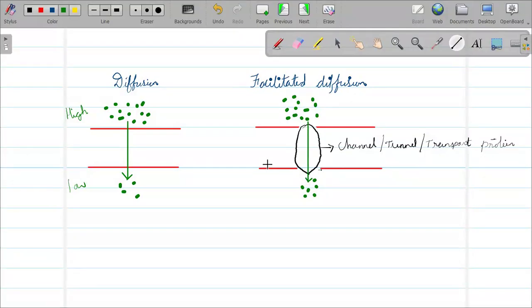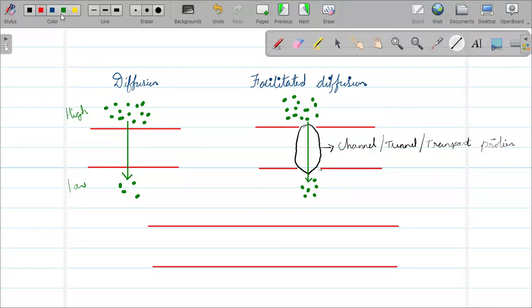Now, this facilitated diffusion is of three different types. Let me draw only the facilitated diffusion now. Let me take one eraser. Let me draw the membrane proteins and extend these lines. In the first case, let me draw the channel proteins over here.